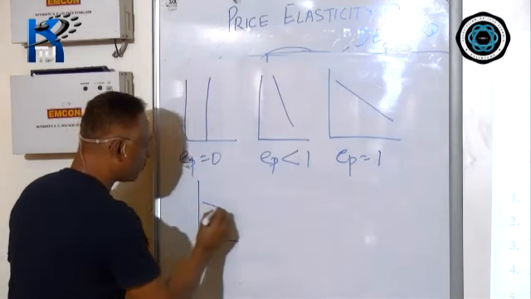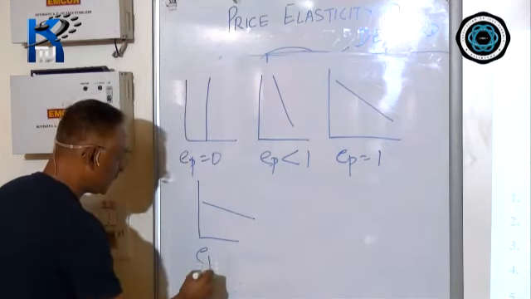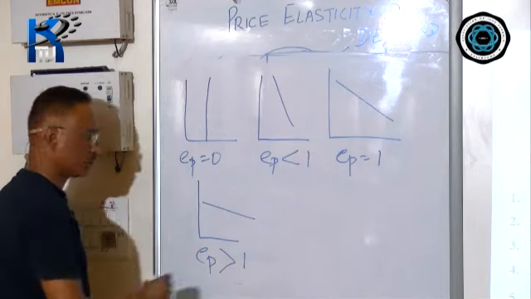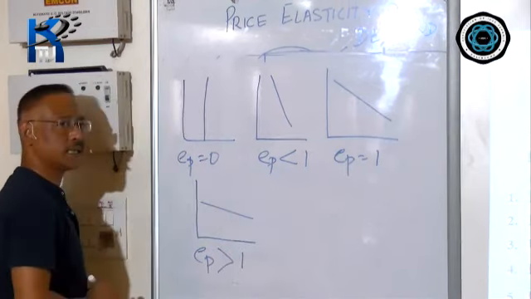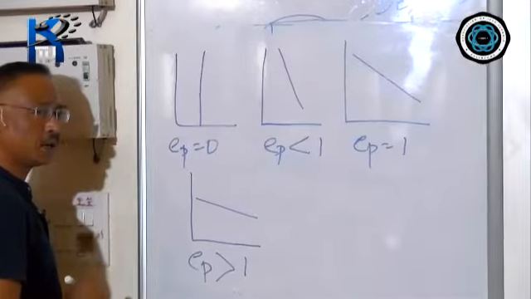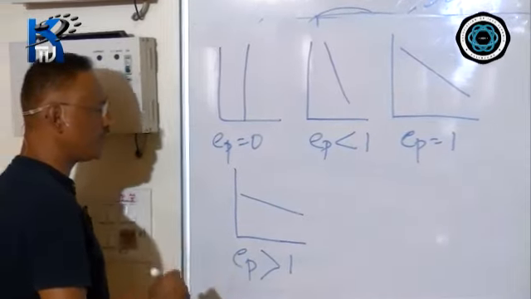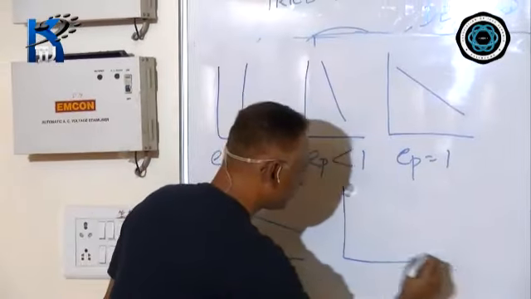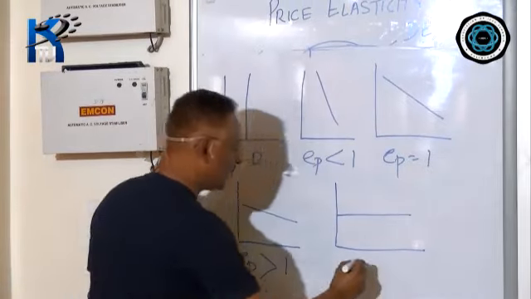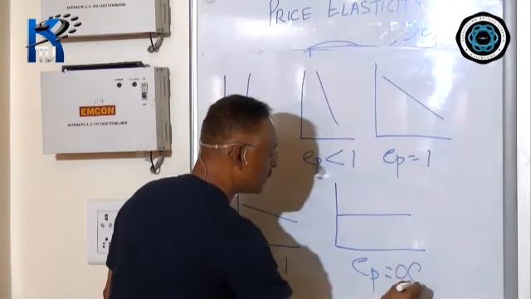Make it fall more. EP is greater than 1. Elastic. Example, luxury goods, LED TV. Fifth one, EP is equal to infinity.